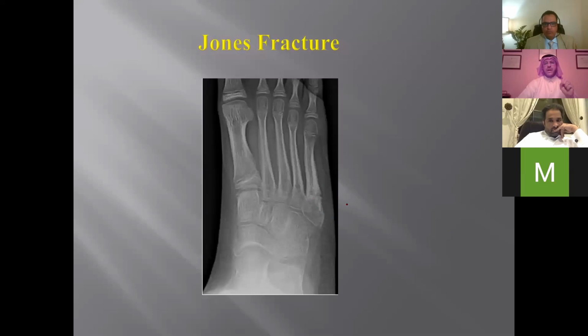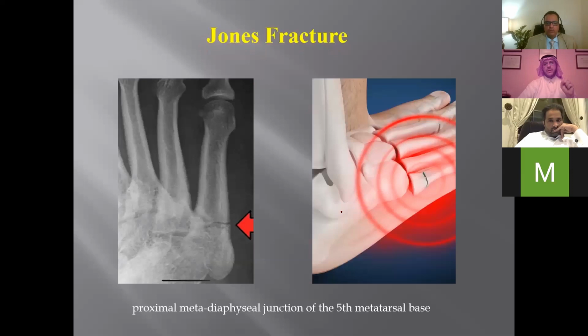So Jones fracture is a fracture here, at the junction between the metaphysis and diaphysis. So this is the diaphysis, metaphysis, there's a fracture here. As I mentioned, the fracture is at the metaphyseal junction of the base of the metatarsal bone.